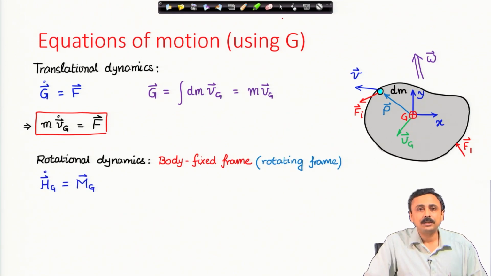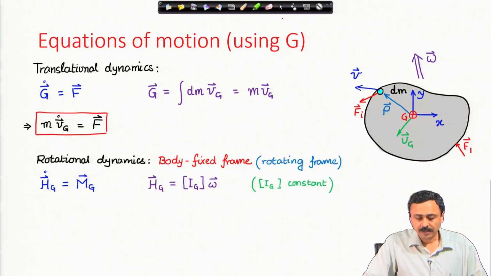Now, this is the equation of motion, the angular momentum equation. H g dot is M g. H g, just now we have seen, is equal to the moment of inertia tensor times the angular velocity, and because we have chosen a body fixed frame, the I g matrix is a constant.